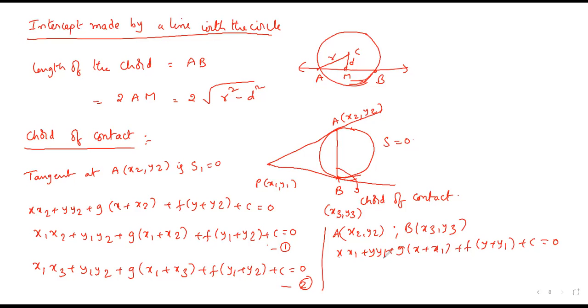And this straight line is satisfied by the two points, so the two points lie on the line. It is nothing but the equation of the line passing through the two points A and B, and this is nothing but S1 equals 0. So this is the equation of the chord of contact. The chord of contact equation is S1 equals 0, and the tangent is also the same, S1 equal to 0.